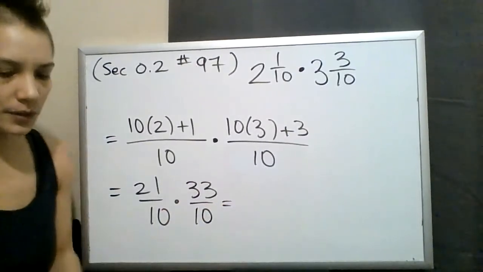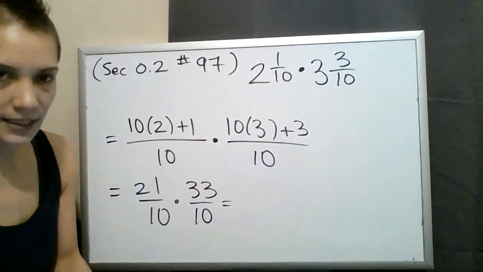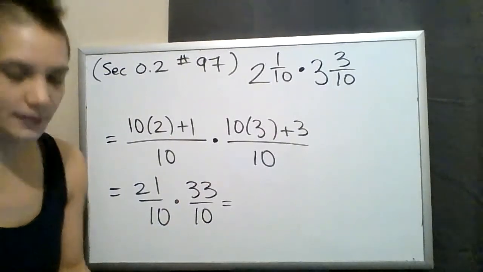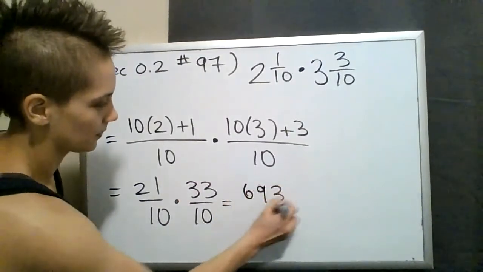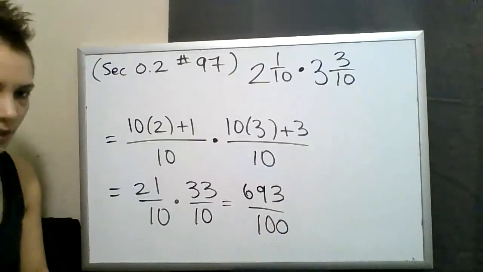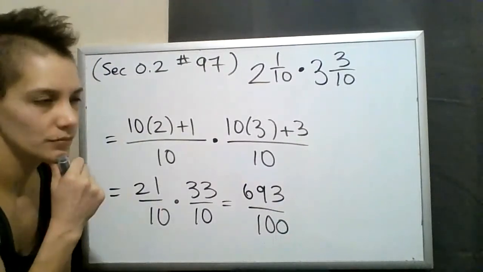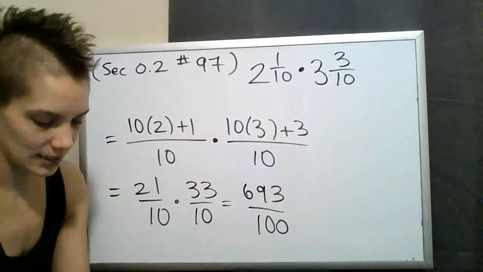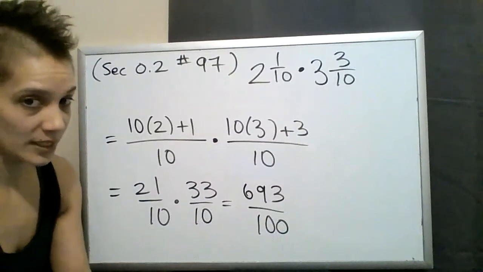And we would do scratch work, but I'm going to use my phone, or if you guys want to share, what is 21 times 33? I got 693. For now, we'll leave it as a, well, can this reduce? I don't think so. I would leave it as a fraction, but we want a simplified fraction.